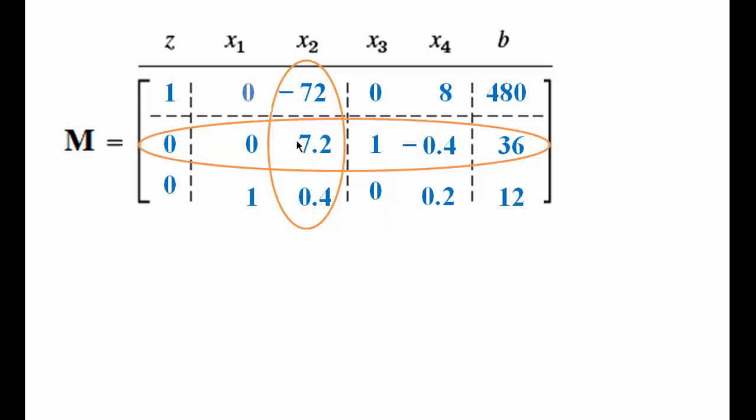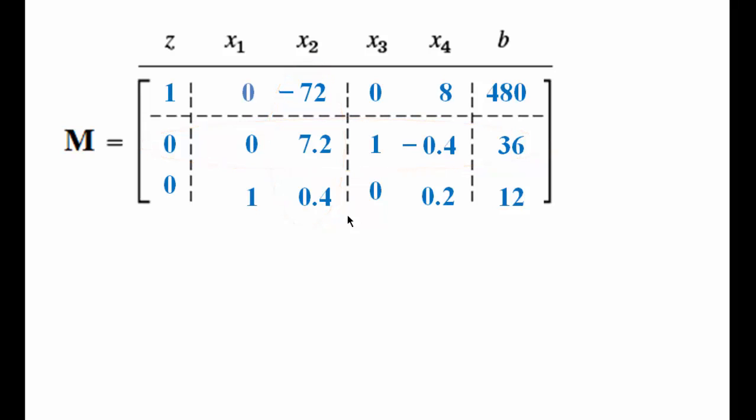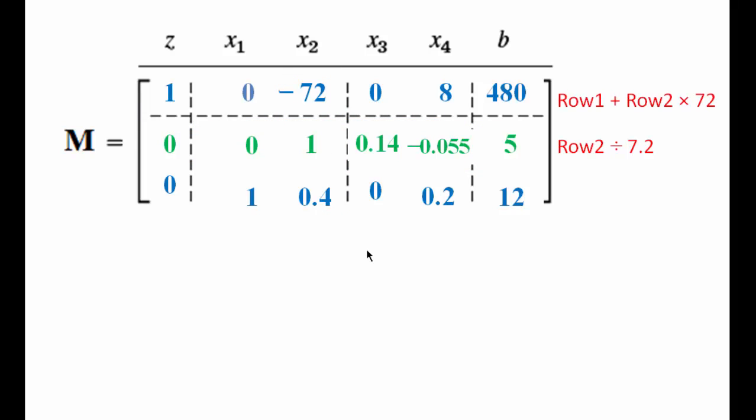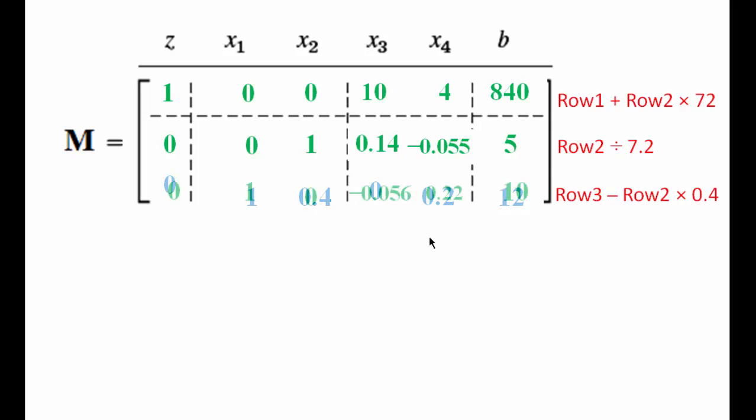And similarly, we are going to divide this row by 7.2. And in the same way, we need to make this element equal 0 and this element equal 0 and apply all changes to all elements in the rows. So this is the first row, and this is the third row.